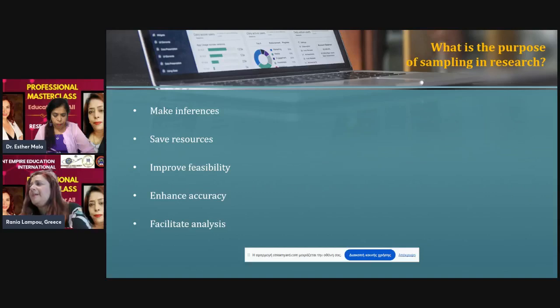You can improve feasibility, so enable practical data collection when the population is large or inaccessible. Enhance accuracy. When done properly, a good sample can provide reliable and valid results that reflect the population's characteristics. And facilitate analysis. This means the purpose here is to manage and analyze data more efficiently with a smaller data set. In short, we could say that sampling helps researchers study a portion to understand the whole.